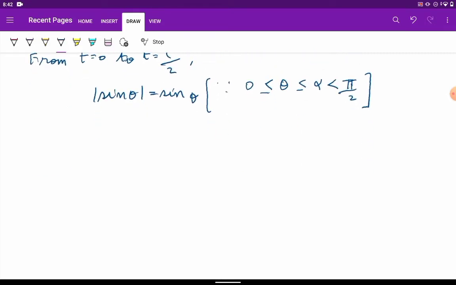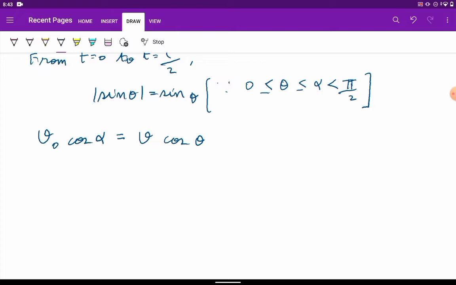So horizontal velocity would remain constant. Let's say your initial velocity magnitude is v naught, then v naught cos alpha equals, at time t, v cos theta. This is one equation.